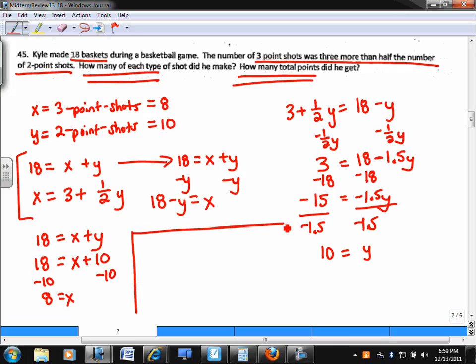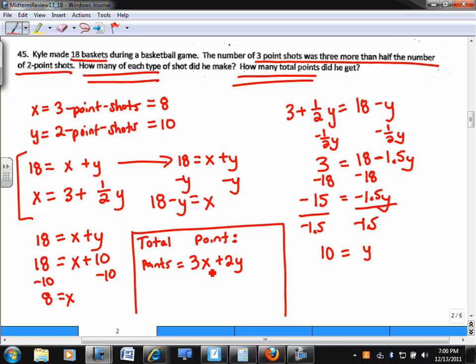So, total points. Well, his total points are going to equal 3x plus 2y.